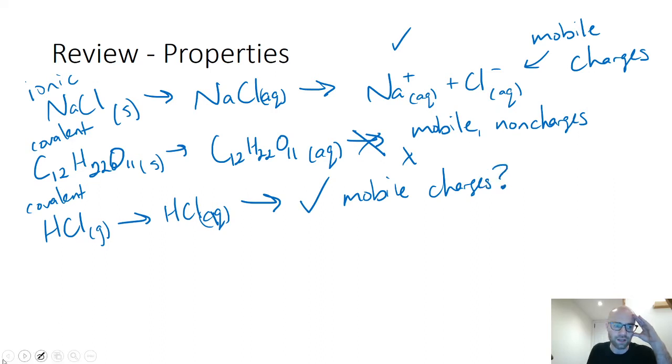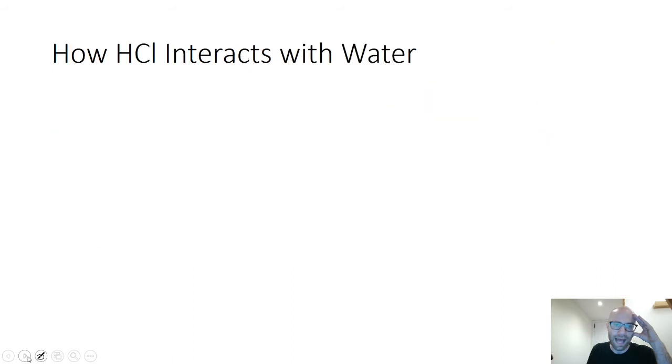So the question becomes, how do you get mobile charges when a covalent substance dissolves in water? We know that it happens, so we kind of have to reframe our understanding of how certain covalent compounds interact with water.